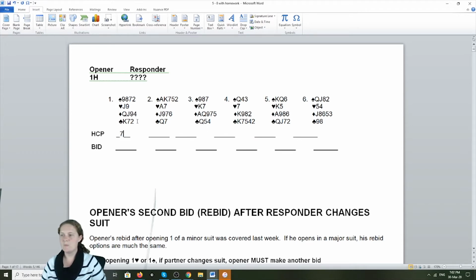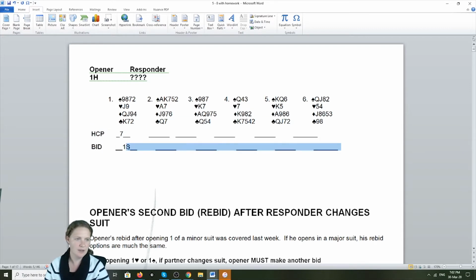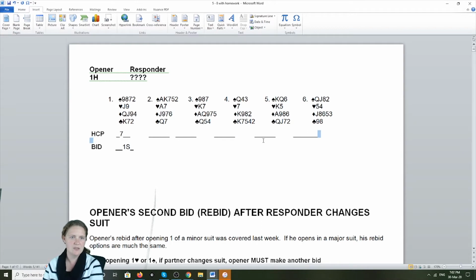The way I choose between those is, do I have 4 cards in spades? Yes, I do. So my bid here should be 1 spade as my first response. I'm just going to get rid of all of these dashes and we'll work through them from here. Okay, so that would be the correct responsive bid on our first hand.